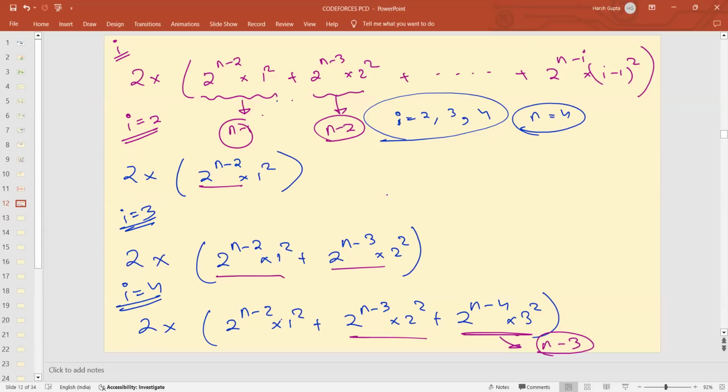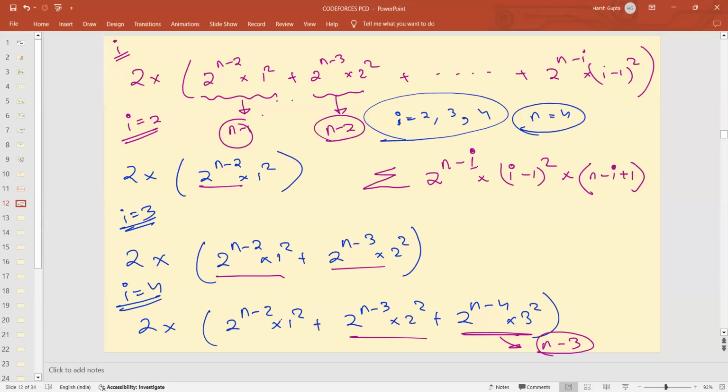If you just observe over here, you need to simply calculate the summation of 2 power n minus I multiplied by I minus 1 square, multiplied by how many times these terms are coming. These terms are coming n minus I plus 1 times.